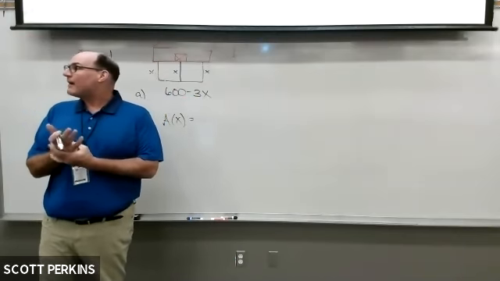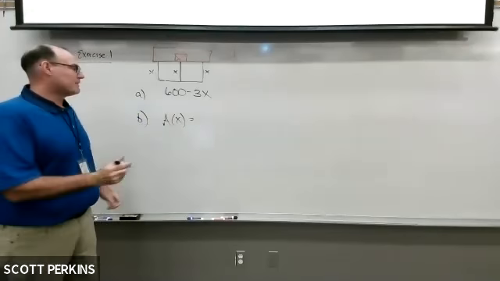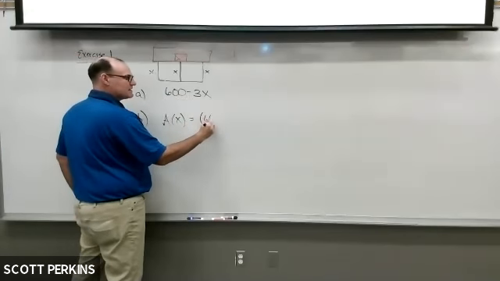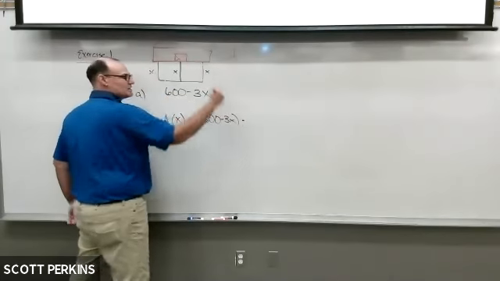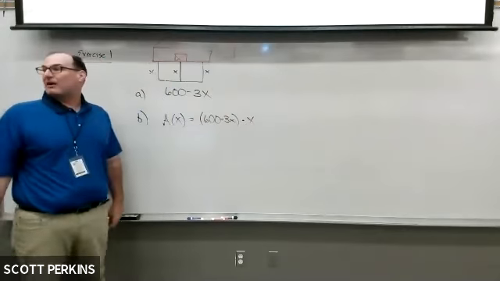Once again, the area of a rectangle is just length times width. The length of this rectangle is 600 minus 3x. The width of this rectangle is just x. So there's my area function.